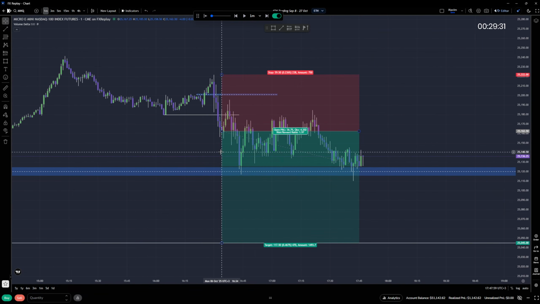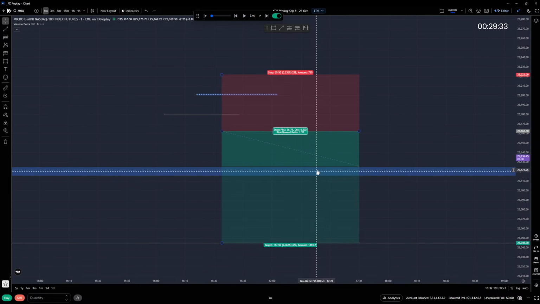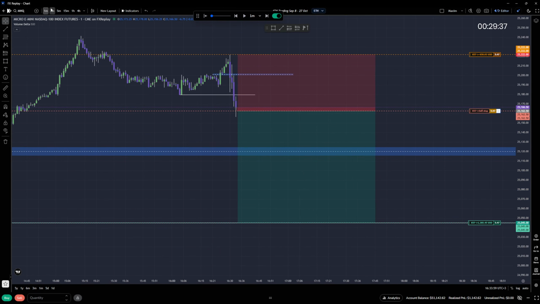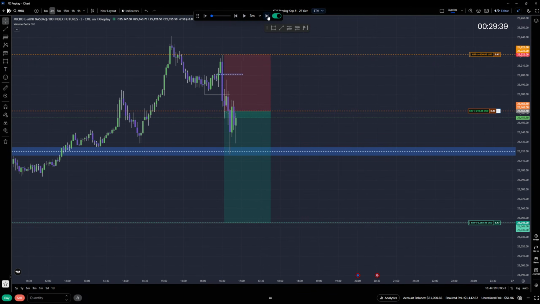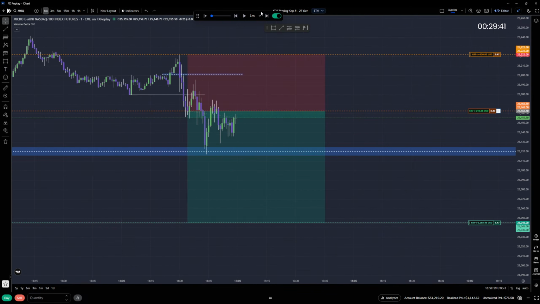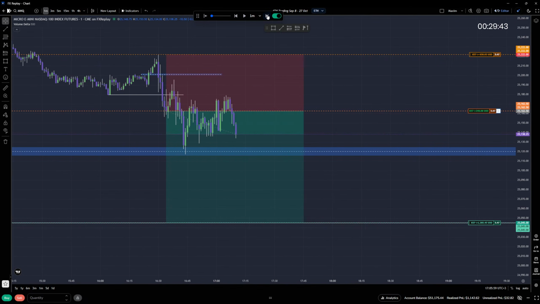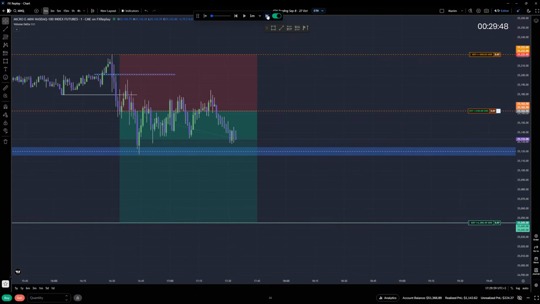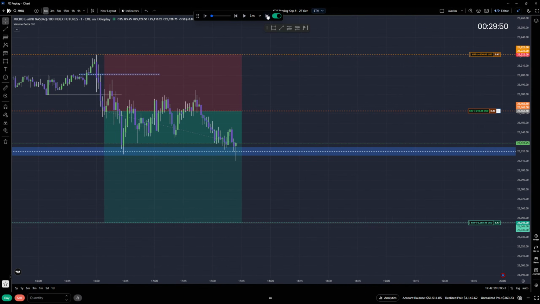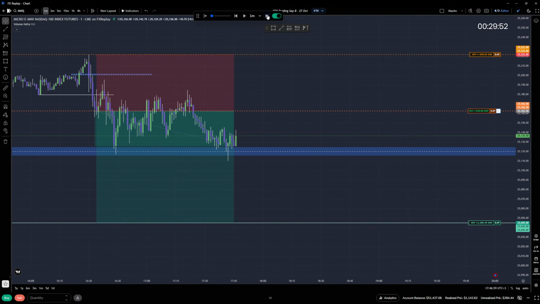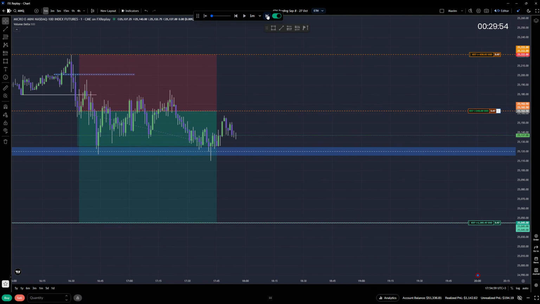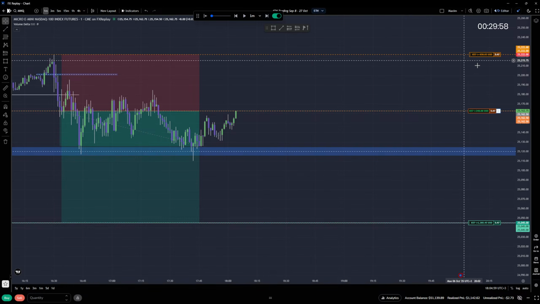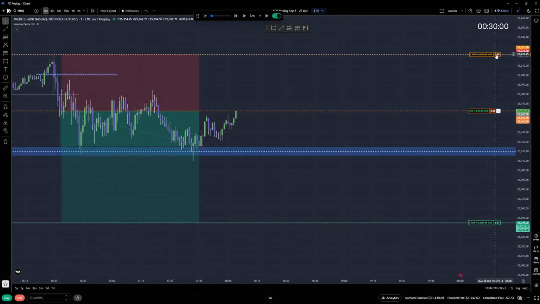We didn't close inside it though, so wait. Should be going to break even on the gap only if we close inside it, so let's wait for that. Only 1 minute. Or if it's continuously rejecting it. So yeah, get out break even here.